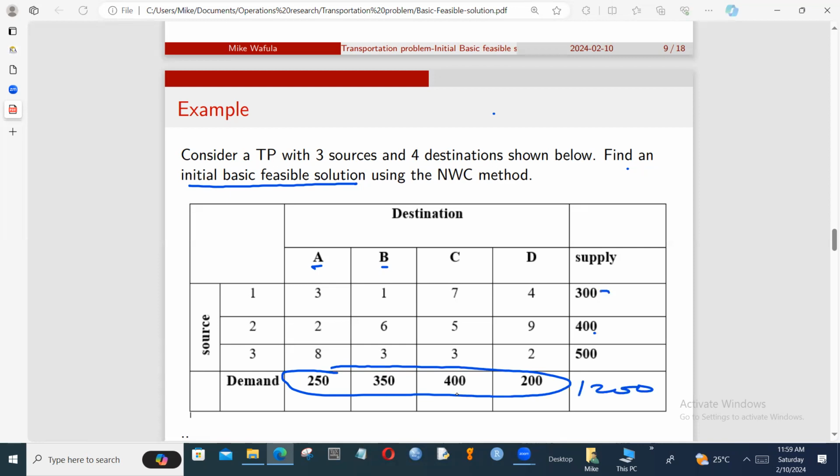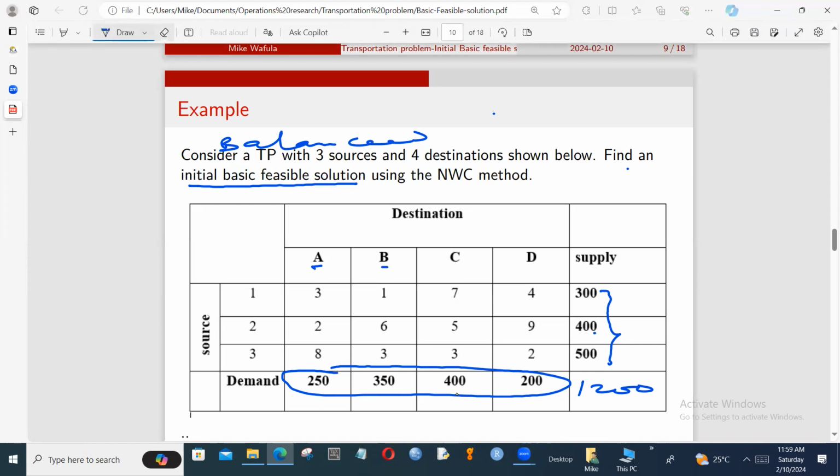Then we check the sum of the supply, and it also adds to 1200. So we are dealing with a balanced transportation problem, which is okay for us, because if it's not balanced, we first try to balance it.